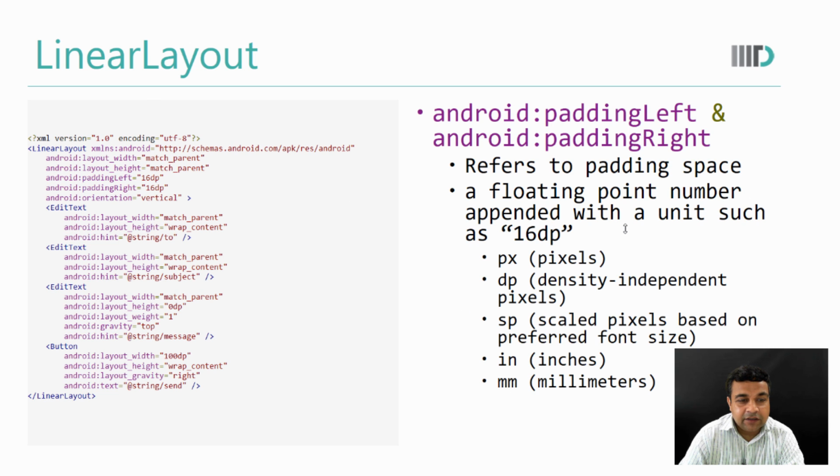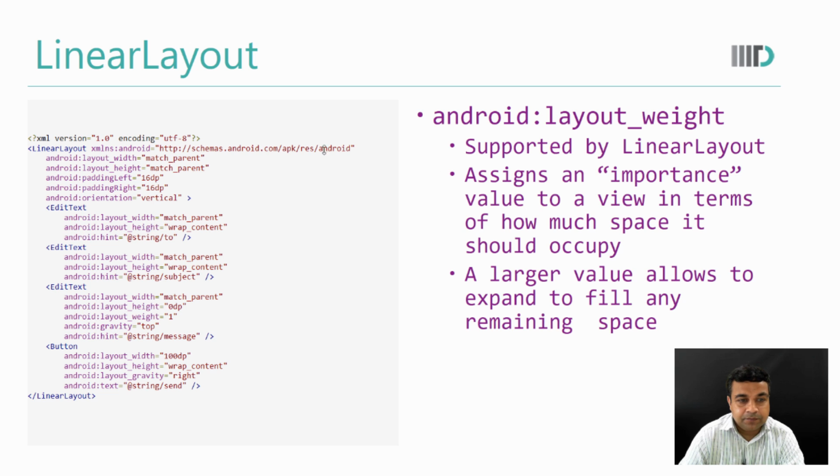The next element then is the orientation, which we have already discussed. It could be either vertical or horizontal. Then we may sometimes also have something called weight. As you see in the following XML, we have the weight here. The weight is supported by the linear layout and it assigns an importance value to a view in terms of how much space it should occupy.